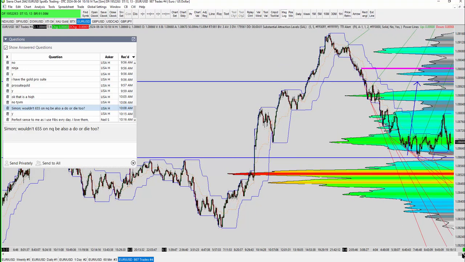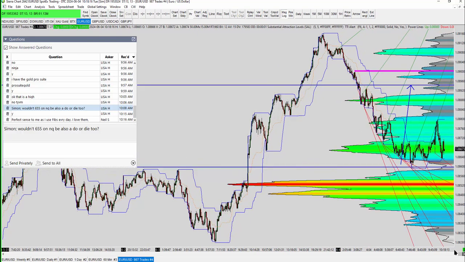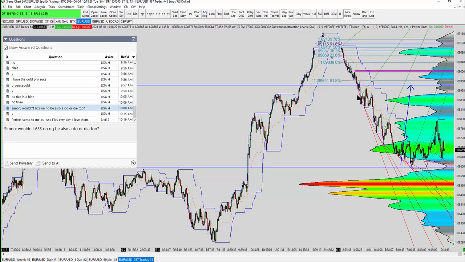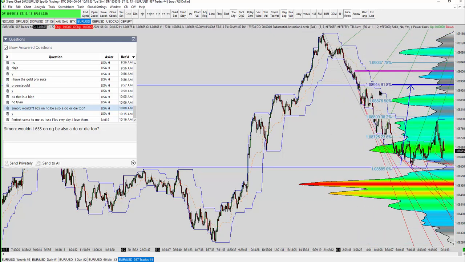It's because if it retraces back up, it could retrace to this level. We do have an attraction level on top of it, but it also could retrace to this level because my Fibonacci retracement is telling me that this is the 62% retracement. It could retrace to 50%. It could retrace to this level, but I chose this level for a reason. And here's the reason.